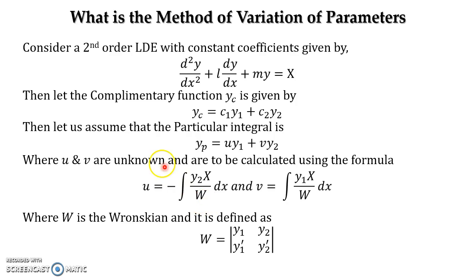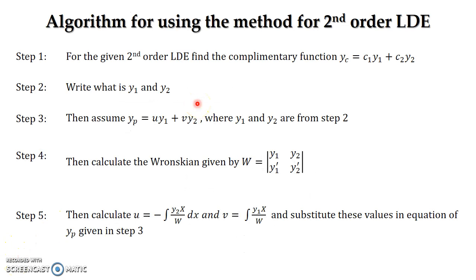Once we know this method, I'm going to give you an algorithm for finding the solution using the method of variation. Although I have already explained the steps, let us go through the algorithm to understand what steps we follow to solve a second order LD using the method of variation of parameters.